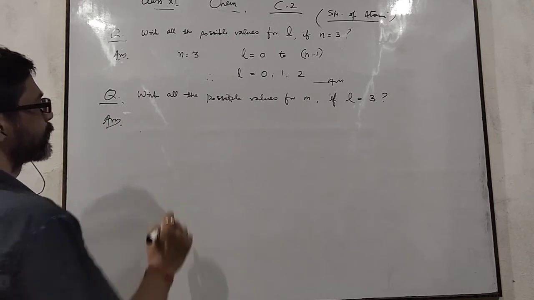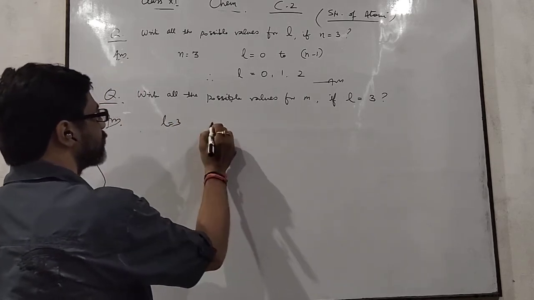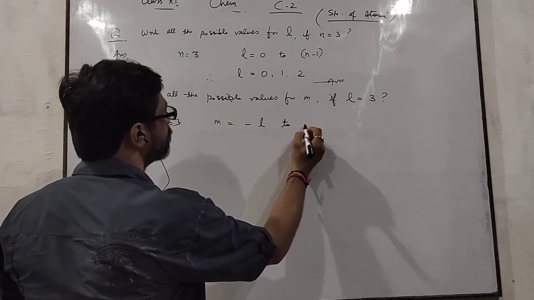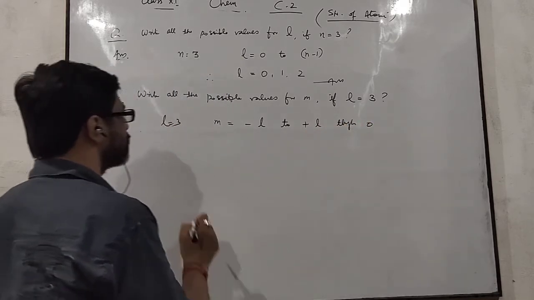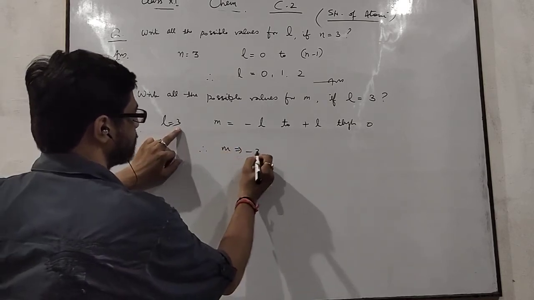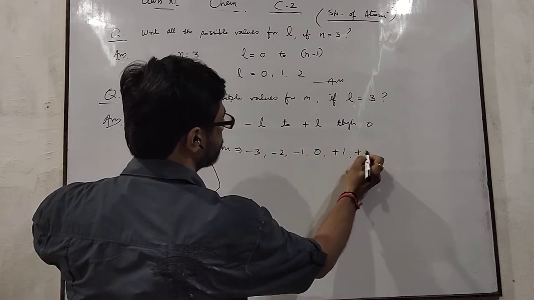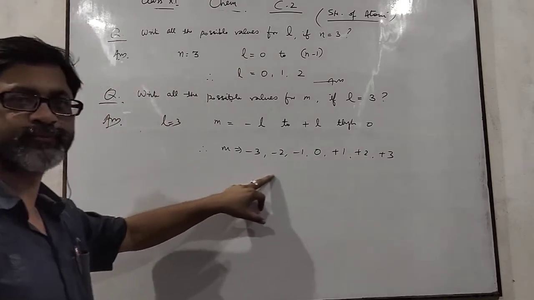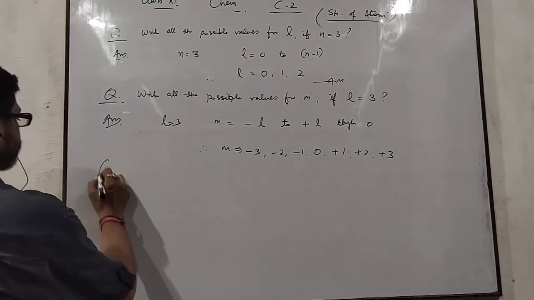Answer: for a given l, the value of m starts from minus l to plus l through 0. Means, the value of m will be minus 3, minus 2, minus 1, 0, plus 1, plus 2 and plus 3. These are the possible values for m because l equals 3.